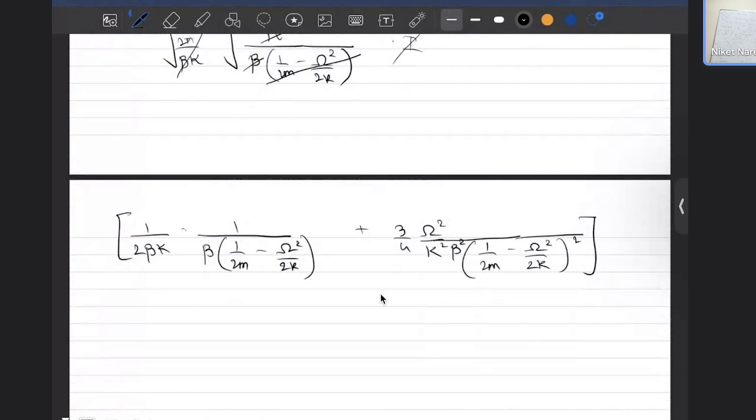Okay. 1 by 2 beta kappa. I'll have 1 by 2m minus omega square by 2 kappa in the numerator.